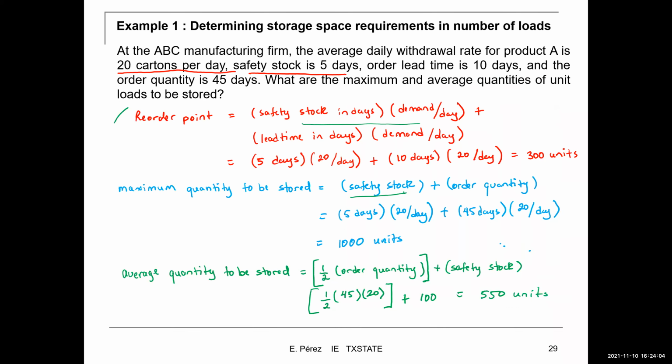That also gives you an idea of how far you are from the reorder point. So in average storage, you have 550 units on average. If you just drop 150 units, you know that you had to put another order, which is what the reorder point is telling us.